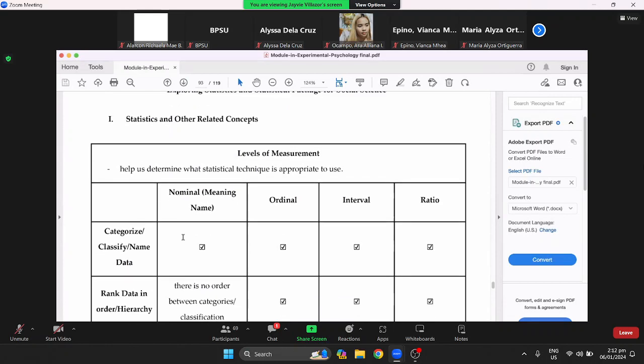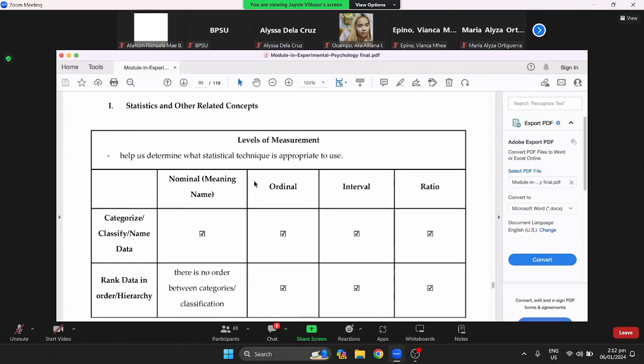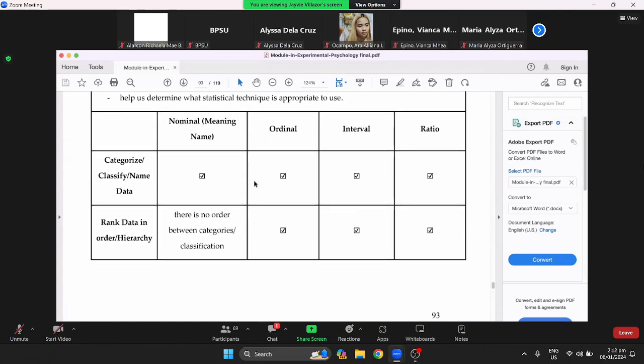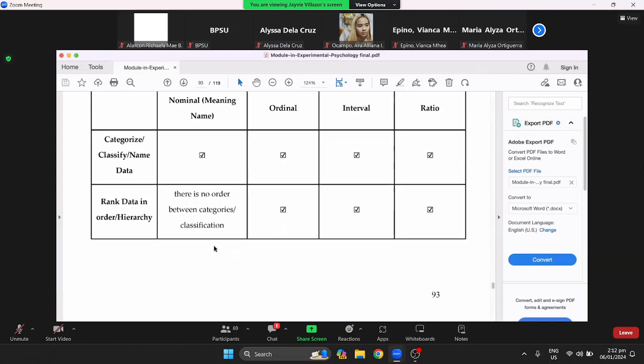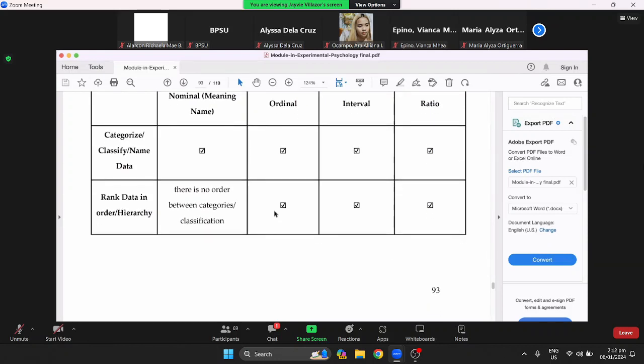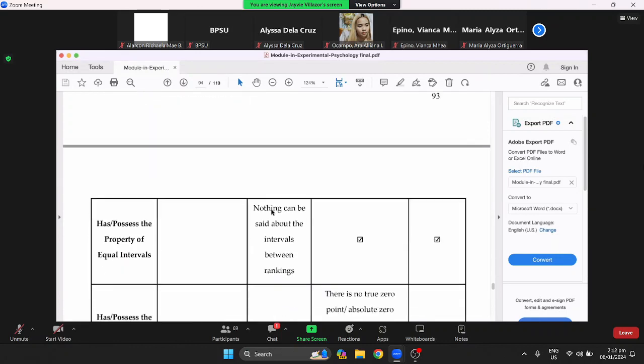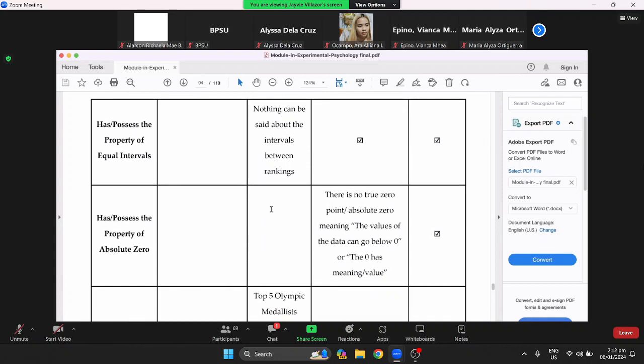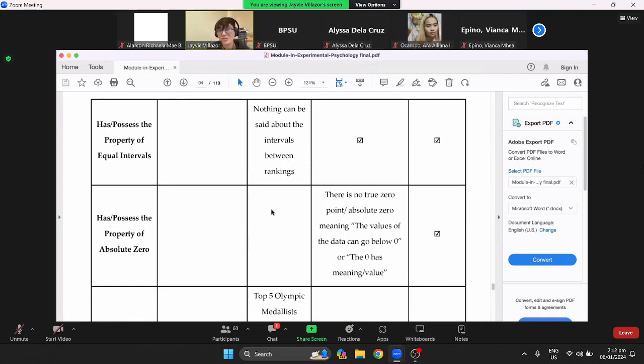Okay? Ayan. So again, before we proceed with descriptive and inferential stat, ito na naman tayo, levels of measurement. Kasi nga, again, mahalaga to. Okay? So again, pag nominal, categorical, or categories, or classification. Pag ordinal, it's a hierarchy, in order, or in rank. Okay? Pag sinabi naman nating interval, no true zero value, or absolute zero meaning.